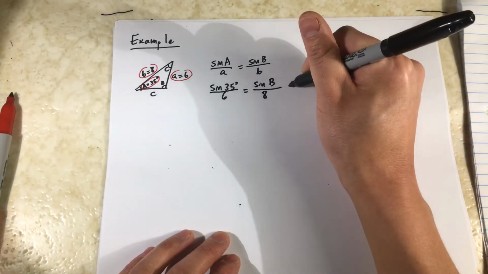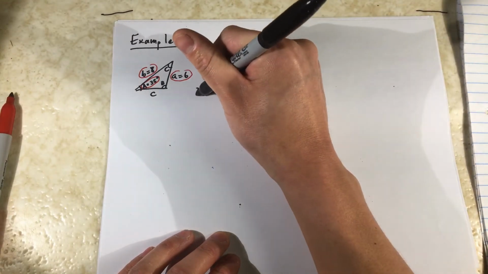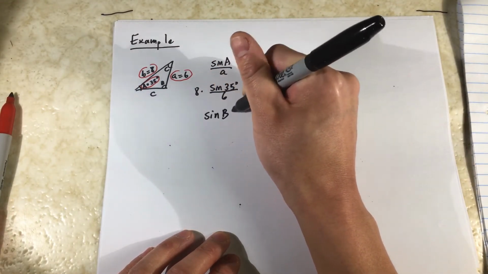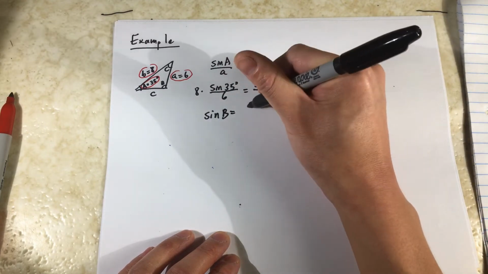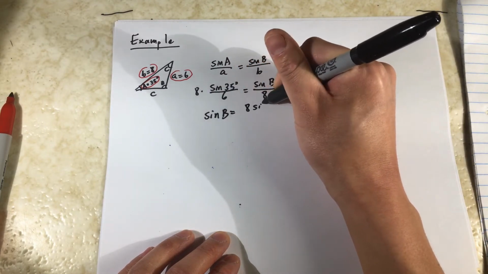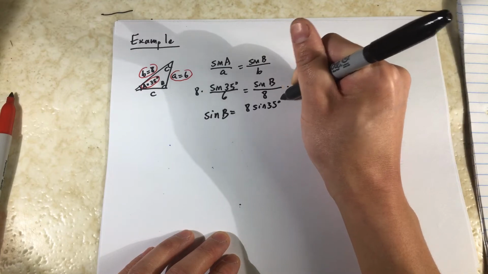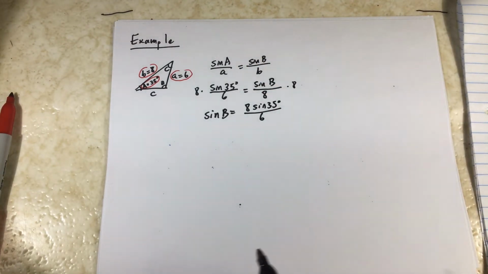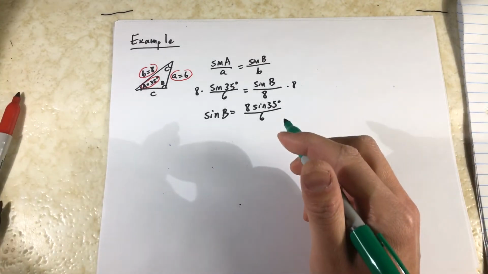And so I multiply both sides by 8. So I get sine B is equal to 8 sine 35 degrees divided by 6. I'm going to take the sine inverse of both sides.